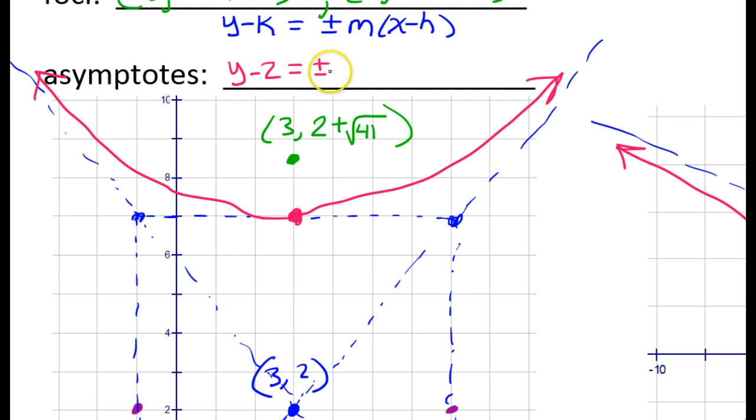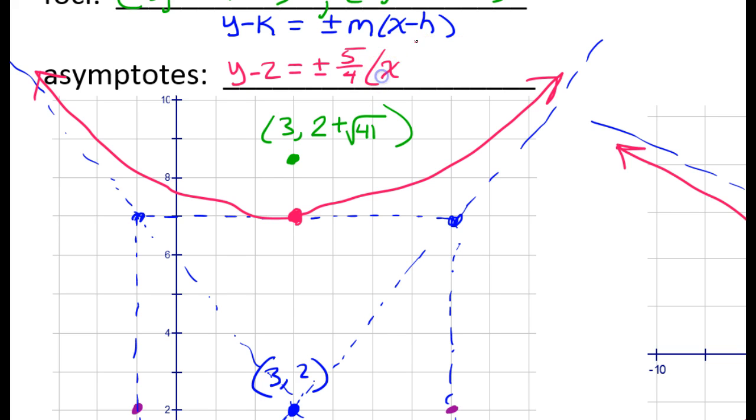Now I have to do plus or minus. Now I need the slope. Look at this diagonal. I need to know the slope. I'm talking about the rise and the run. So let's see. This is up 5 over 4. So the slope is 5 over 4, rise over run.